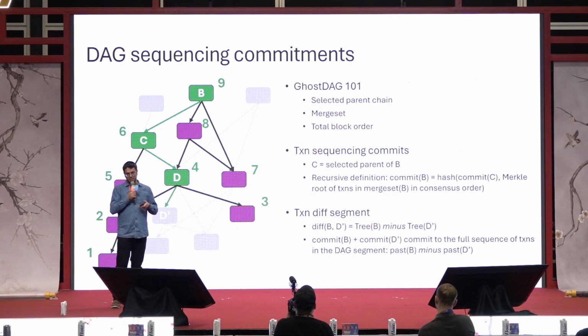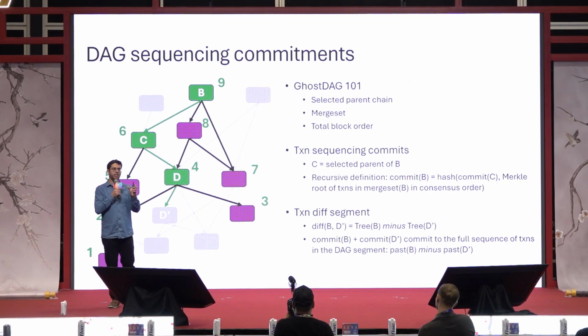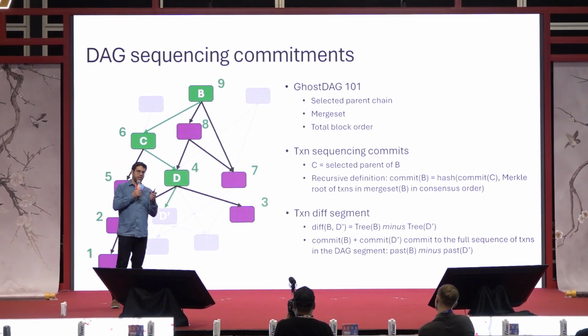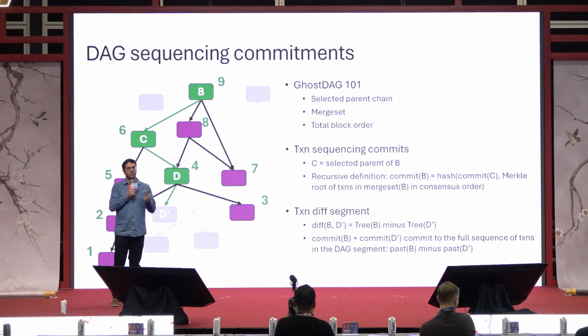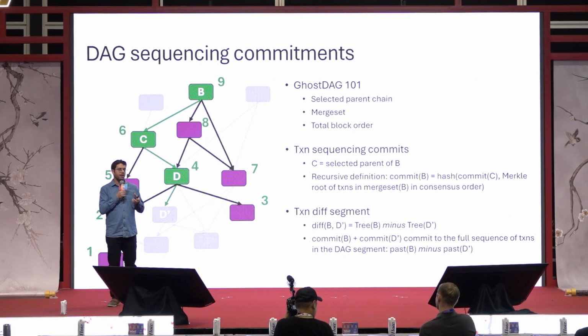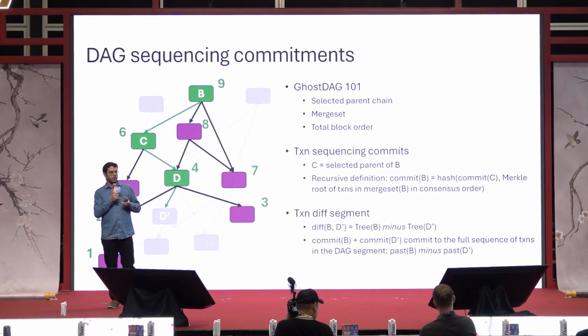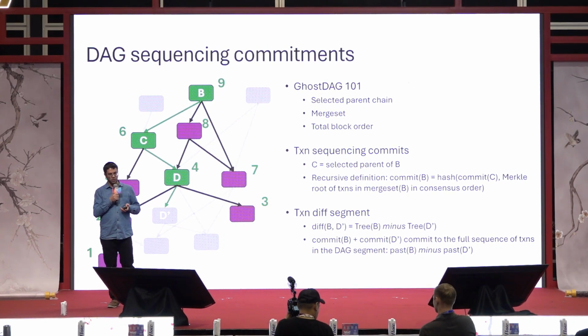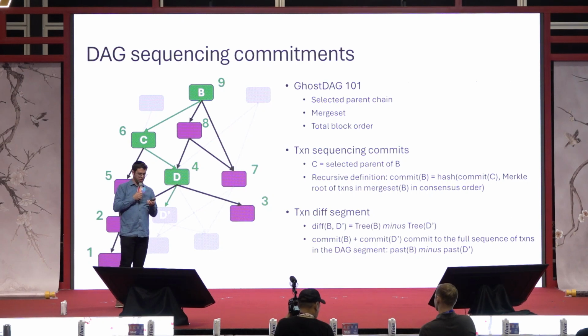By defining this simple recursive structure, you have a single hash in each block, which is a unique function of the complete ordering of all of its history. So each block now has a single hash that cannot be altered and represents the full sequencing.